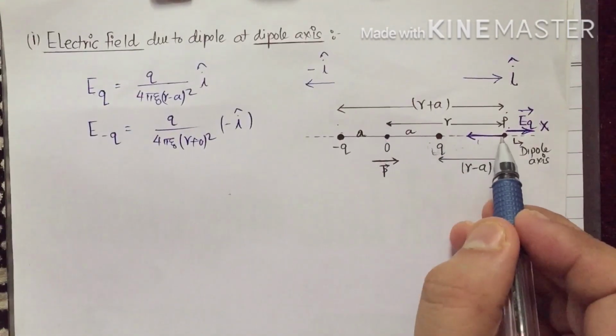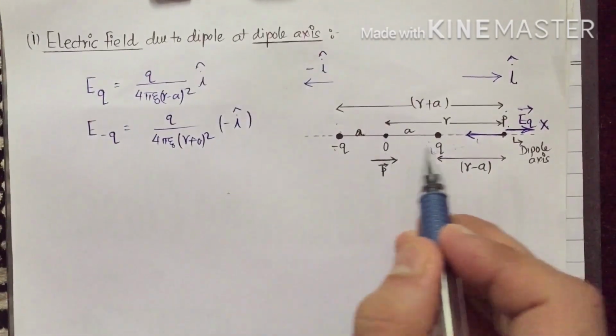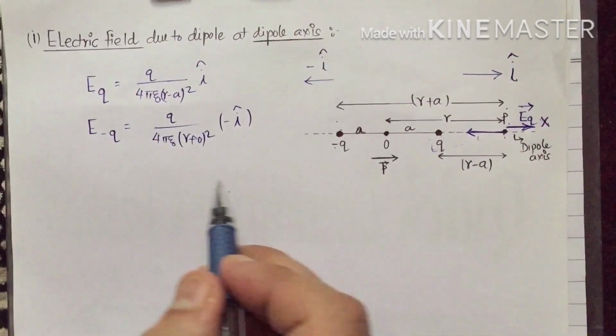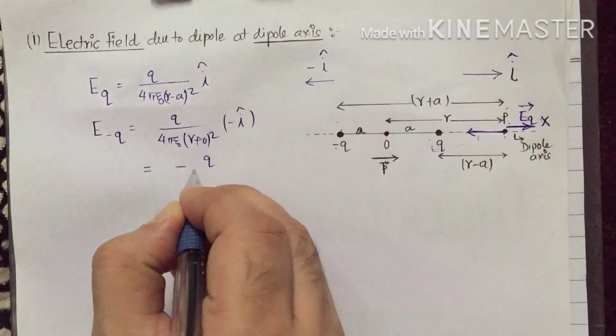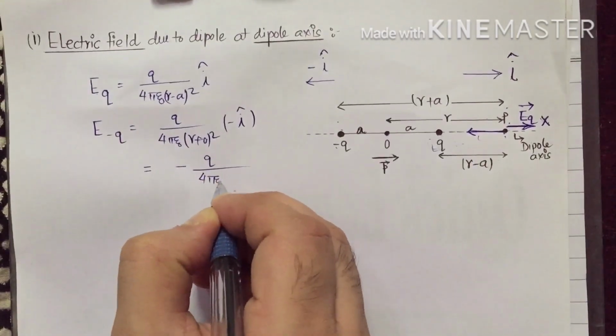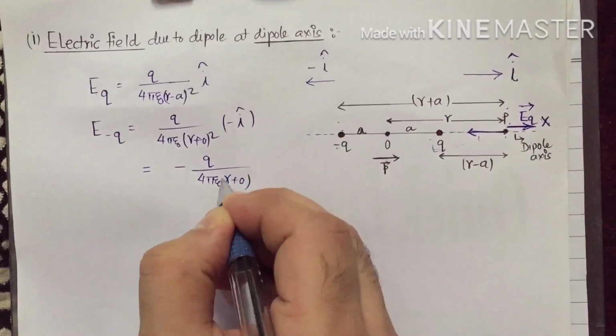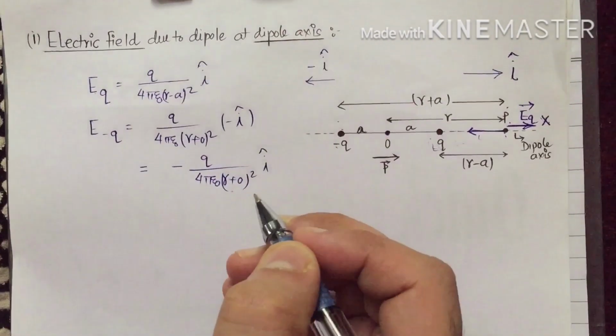As q is very close to the point P, minus q is very far from the point P. So in one step you can write minus q divided by 4 pi epsilon naught (r plus a) whole square into i cap.